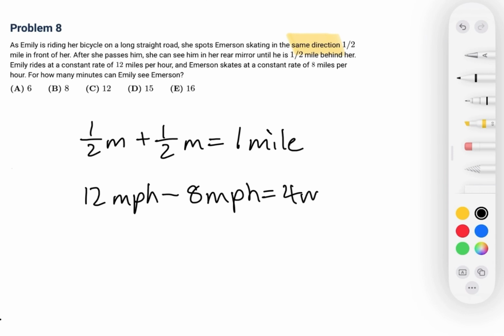We can imagine that Emerson is stationary as Emily moves past because Emily is 4 miles per hour faster. Therefore, Emily can see Emerson for 4 miles per 60 minutes, or D, 15 minutes.